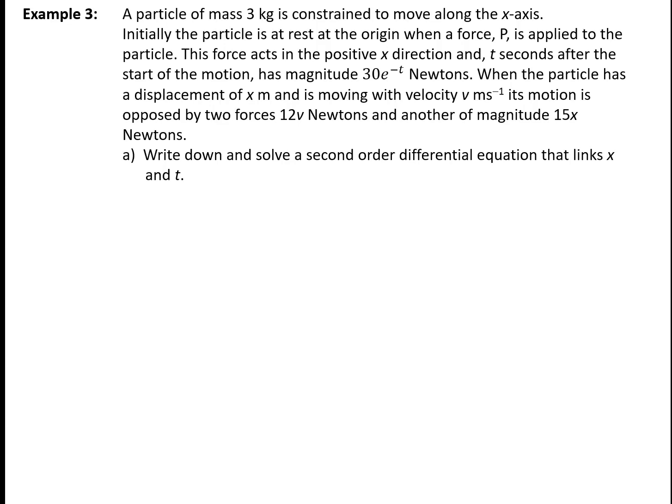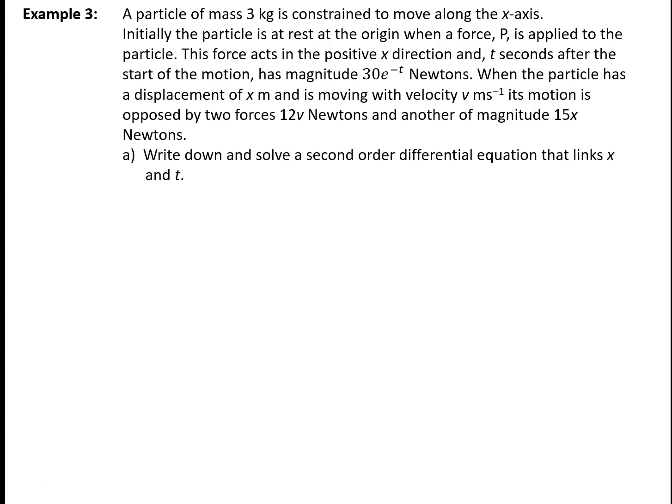When the particle has a displacement of x meters and is moving with velocity v meters per second, its motion is opposed by two forces, one of 12 V newtons and another of magnitude 15x newtons. We've got to write down and solve a differential equation that links x and t.